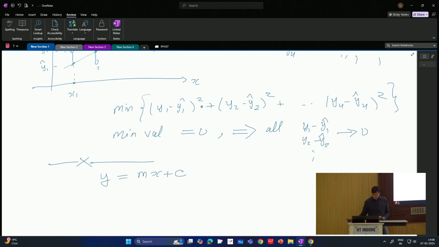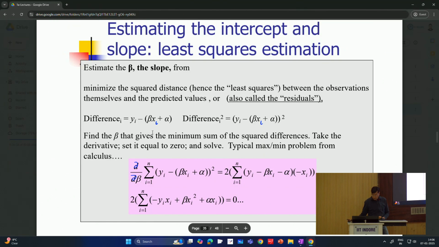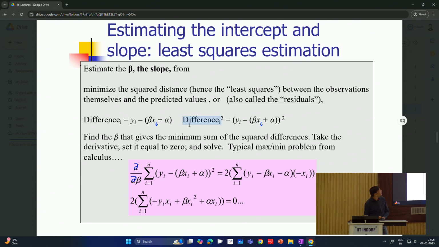Going back to the slide, you take the difference y_i minus (beta x_i plus alpha), square the difference, and then sum it. This is not working, I'll download it next time and then write. So you sum this and then try to minimize it.